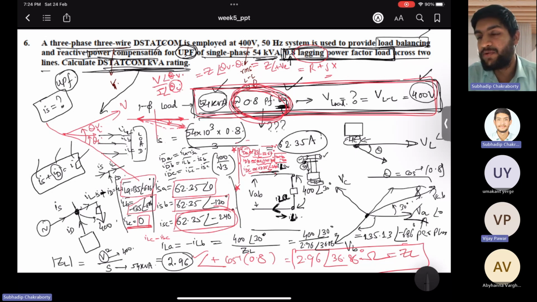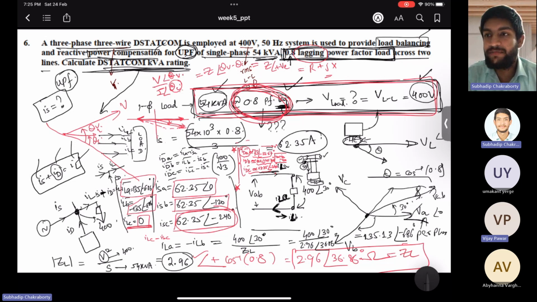But if it is self-supported, then the power has to come from the grid or from the supply to maintain this DC link voltage. In that case, active power support from the DSTATCOM is not expected. DSTATCOM alone cannot provide active power. It only takes a small amount of active power to maintain this voltage and support the reactive power operation. That is, it can support the supply with reactive power operation, but not active power.